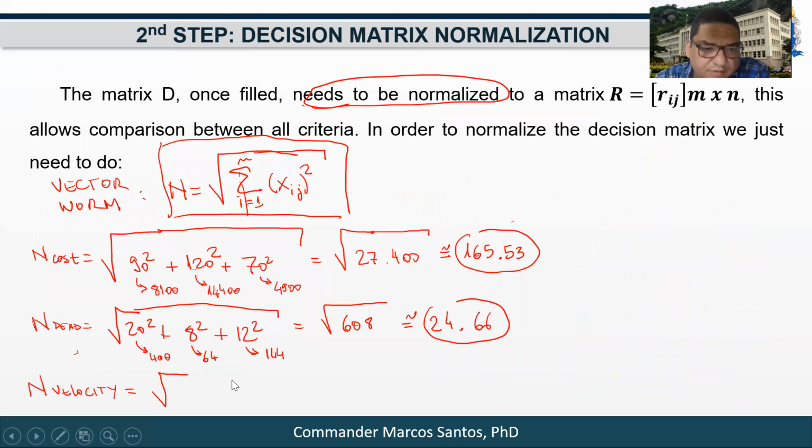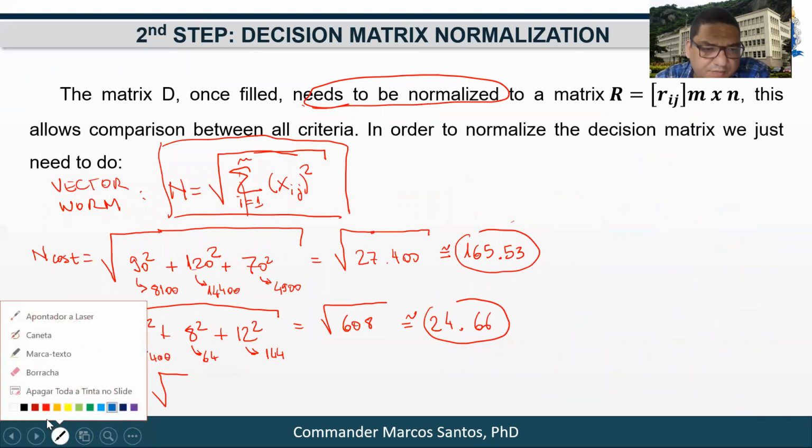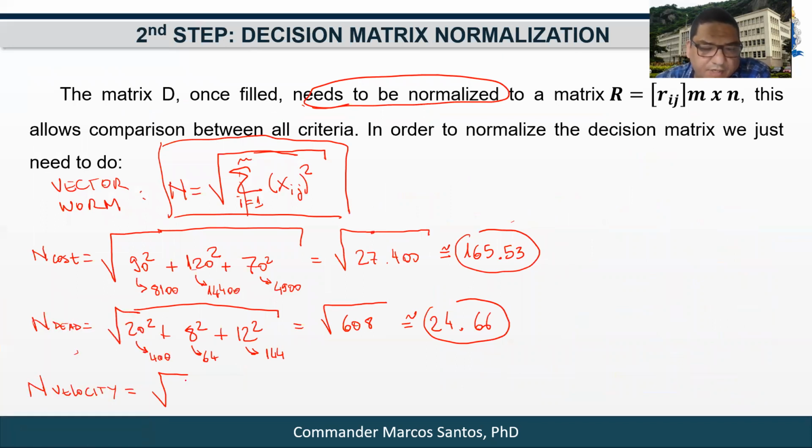So let's calculate here. Square root of 80 squared plus 100 squared plus 90 squared.